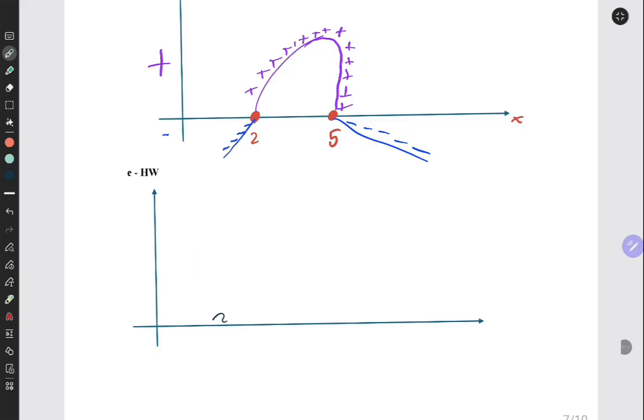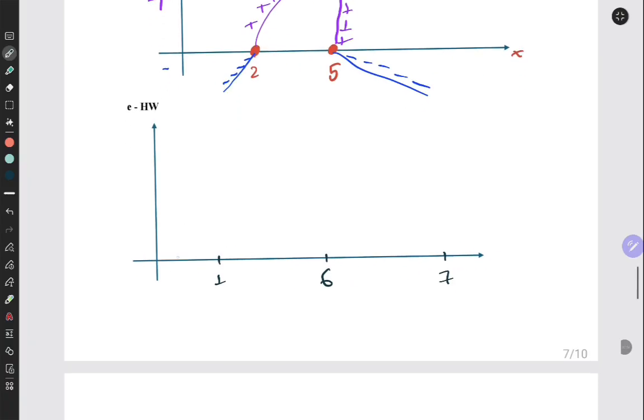Let me start by picking numbers. So maybe 1, 6, 7. Okay. Flat at 6, go down to 6, go back to 7. Actually, go down to 6, go to 7, and down.